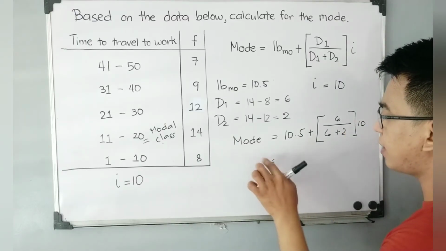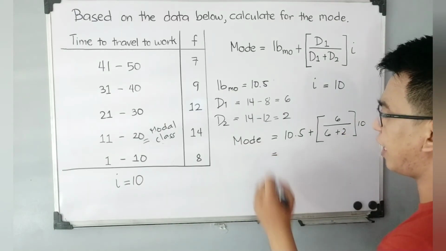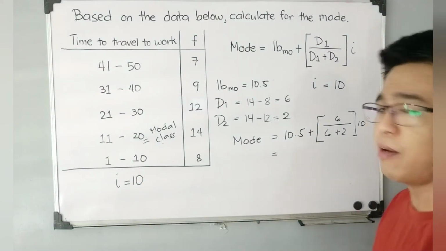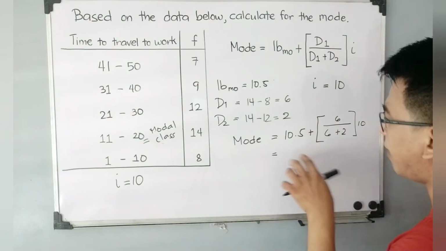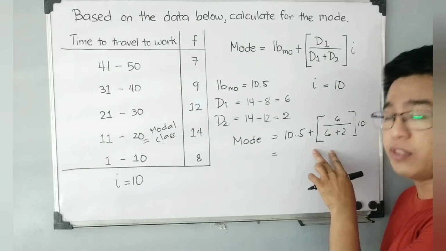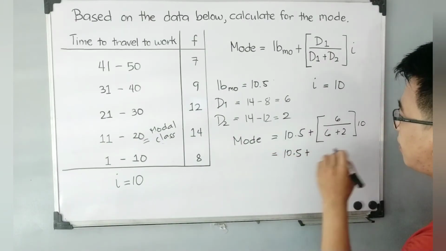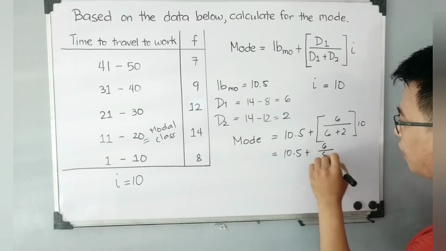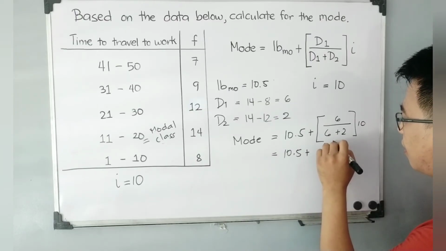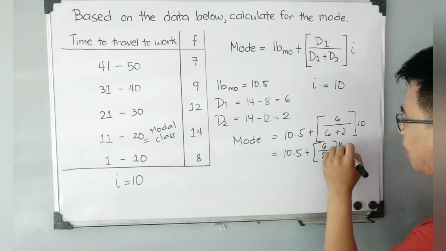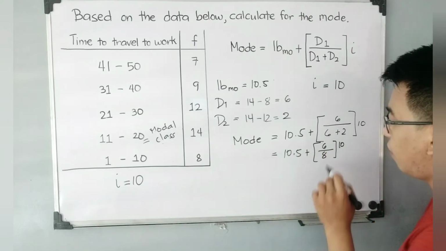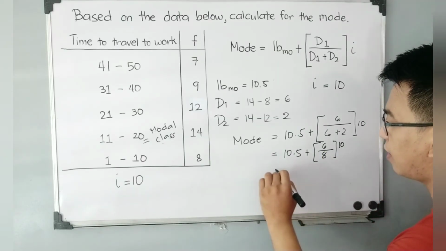By the way, guys, you can use your calculator to easily calculate for the mode. You can directly input this in your calculator. So you have 10.5 plus 6 over 8 times 10. Using PEMDAS, we need to multiply 6 by 10.